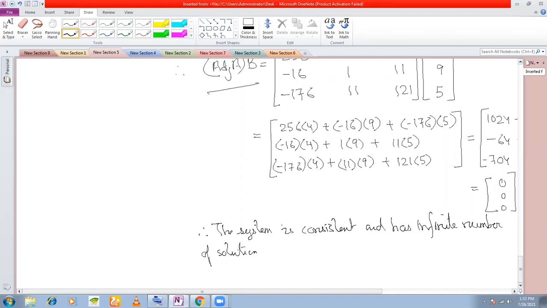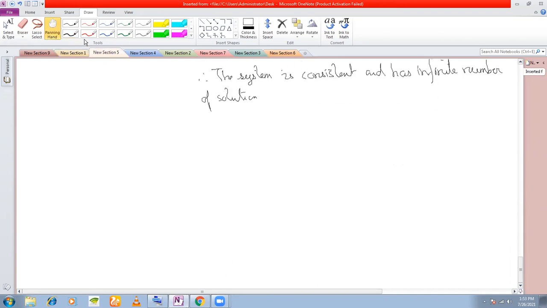Now, what are those solutions? How do you find those solutions? What you do is, in the system, we let z is equal to k. Okay.